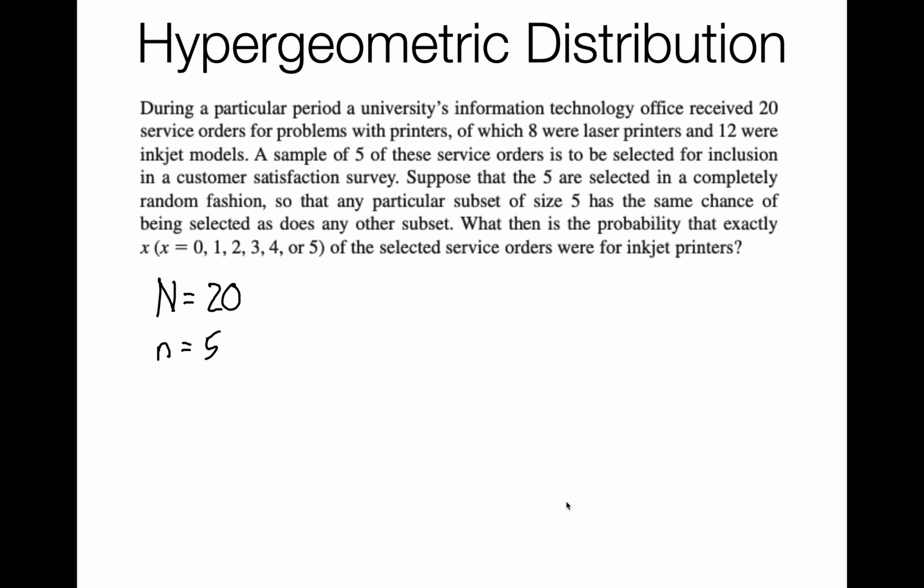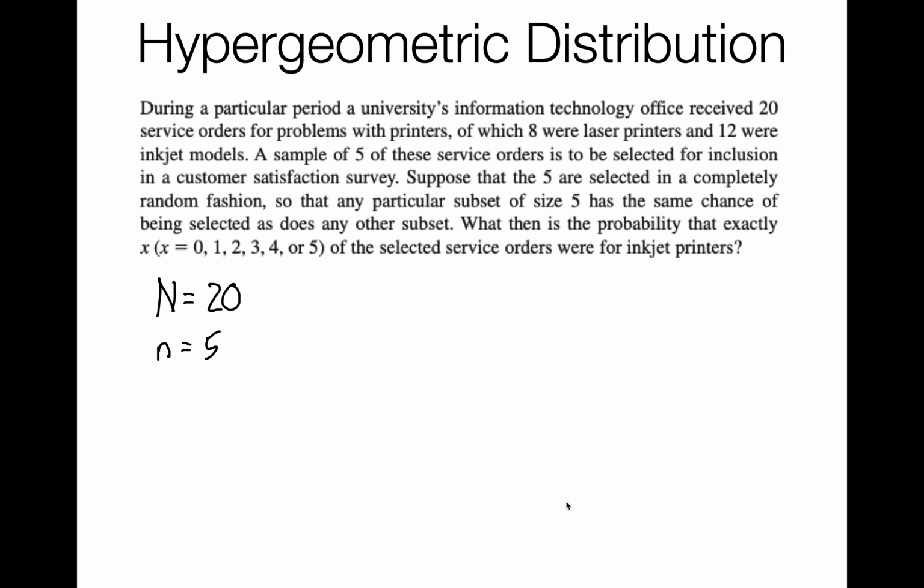Okay. It says, what's the probability that exactly x, where x is 0, 1, 2, 3, 4, or 5, of the selected service orders were for inkjet printers? Okay, so in the book they go through and calculate all of them, and certainly we can do that too, but I might choose one single one.